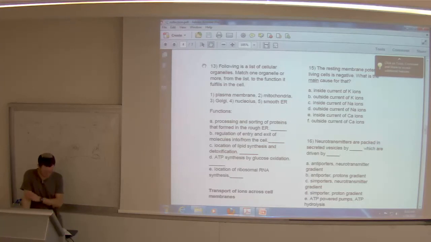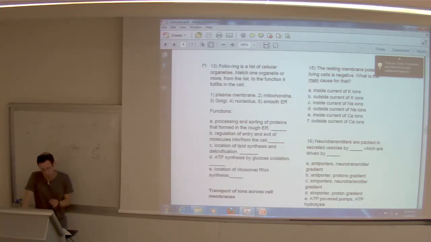Who performs it? 5 is smooth ER, and it's correct. And 3, Golgi. Remember the vesicles filled with proteins are transported from the rough ER to the Golgi apparatus, so 3 and 5, both of them.